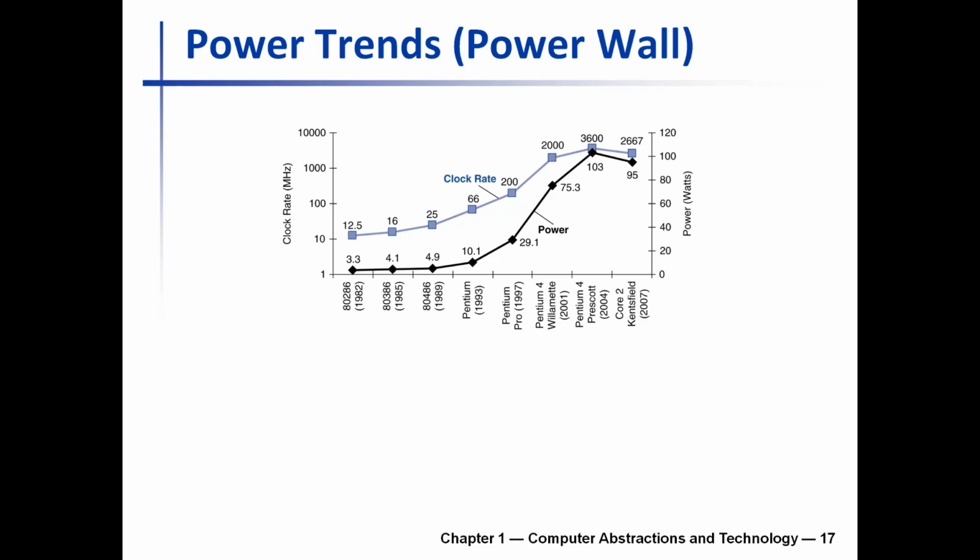Thermal, exactly, Hariharan. The thermal issue is the main thing, right? So yes, you can keep switching these transistors on and off. You have a lot of these transistors on the chip, and you keep switching all of them on and off, and that generates heat, right?